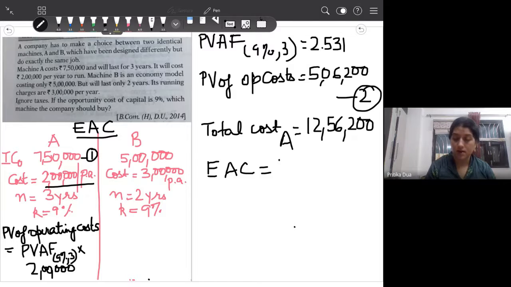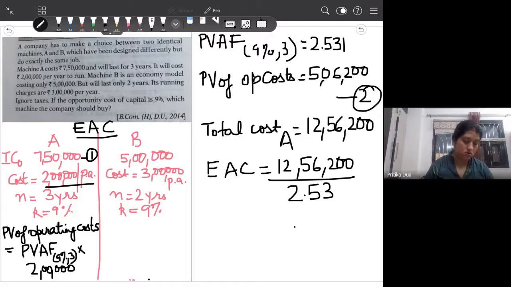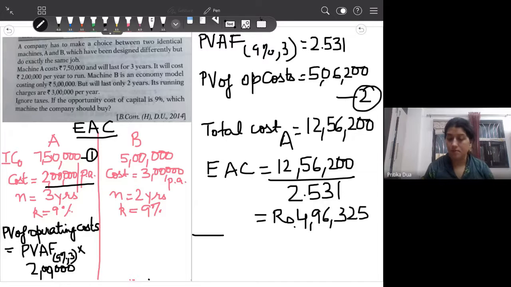This will be 12,56,200 divided by 2.531, and you get this in rupees. Similarly, calculate for project B.